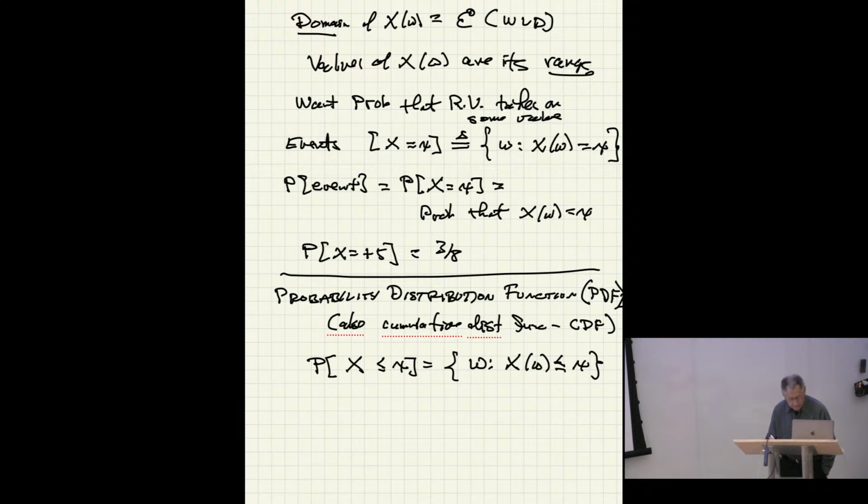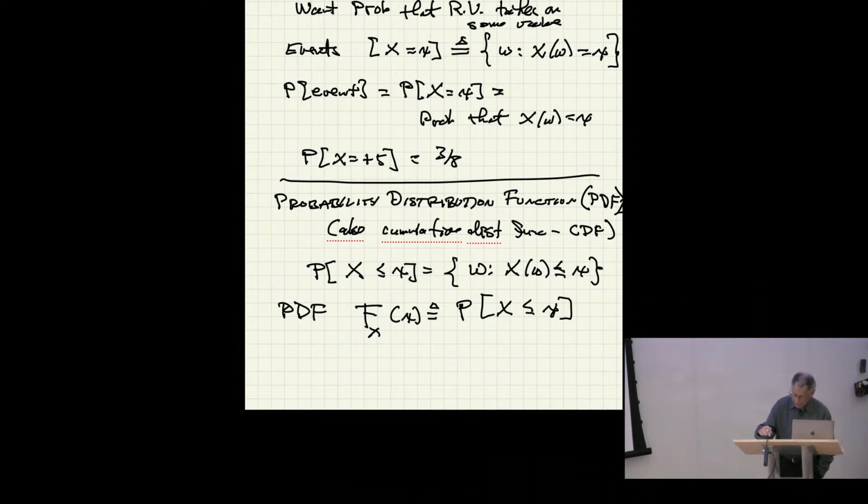And we have special notation for that. It's written as capital F, for the word function, sub x, what the random variable is, of the number x. It's defined as the probability that x, the random variable, is less than or equal to little x, a number.